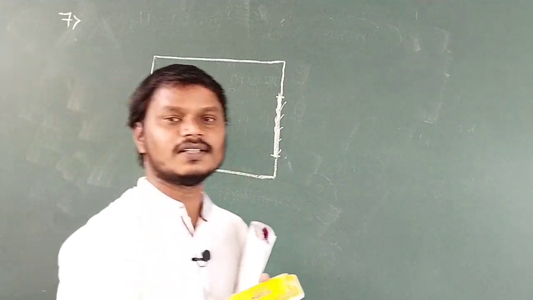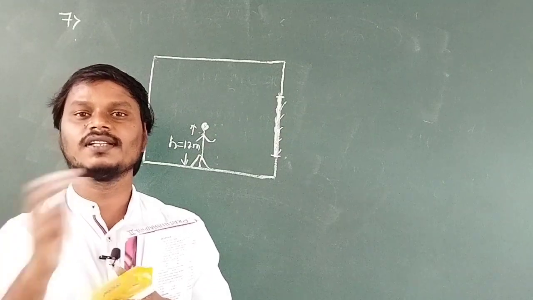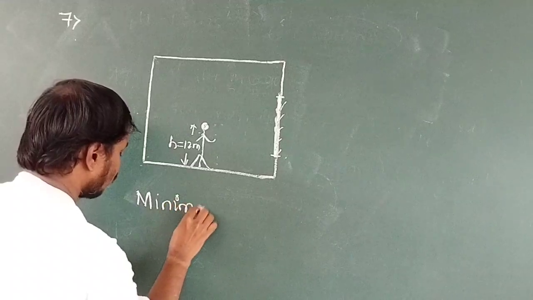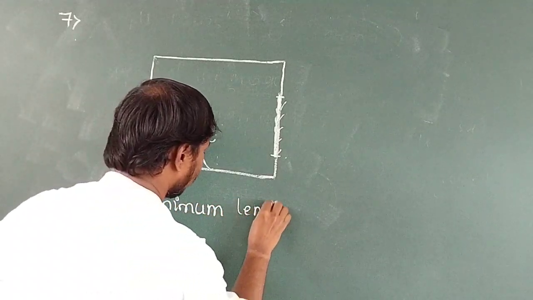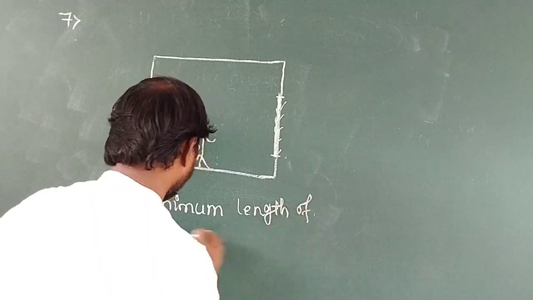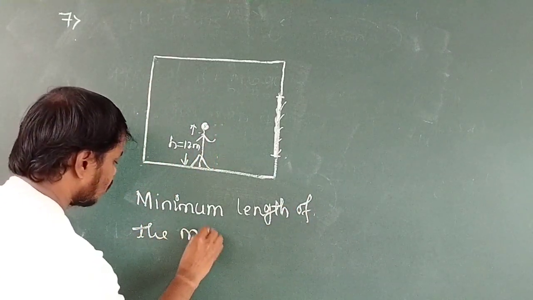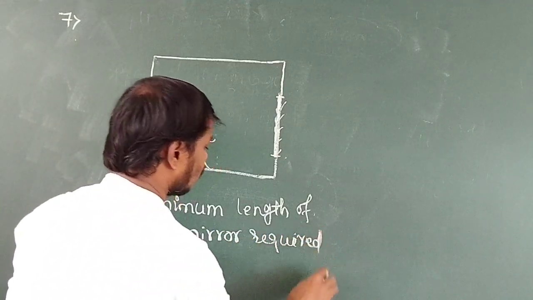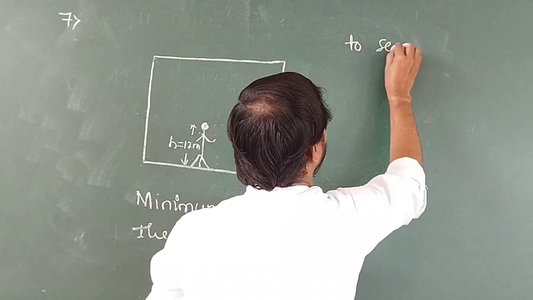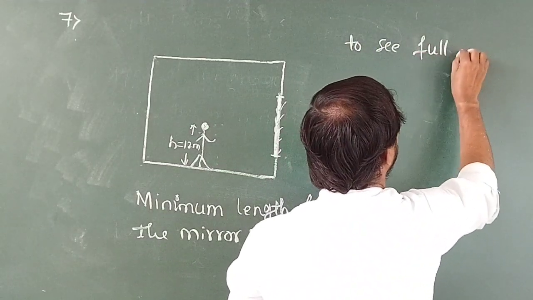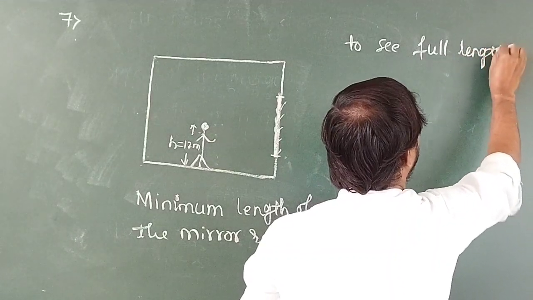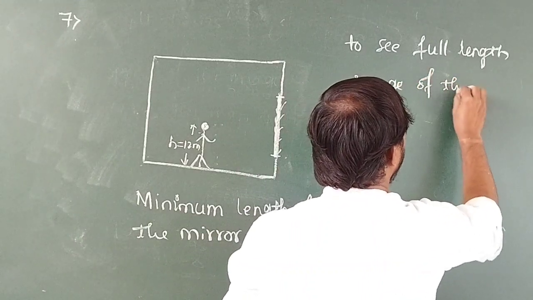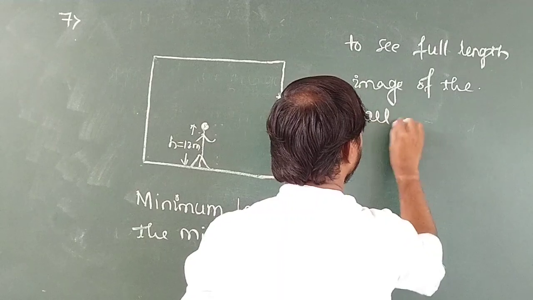What is the formula to find the full length of image of the wall behind the person? That is minimum length of the mirror required to see full length image of the wall behind him.